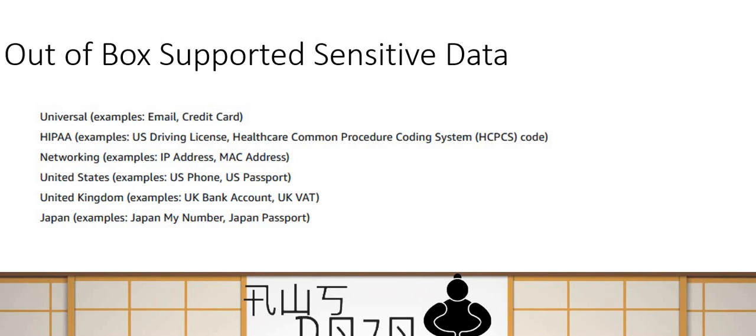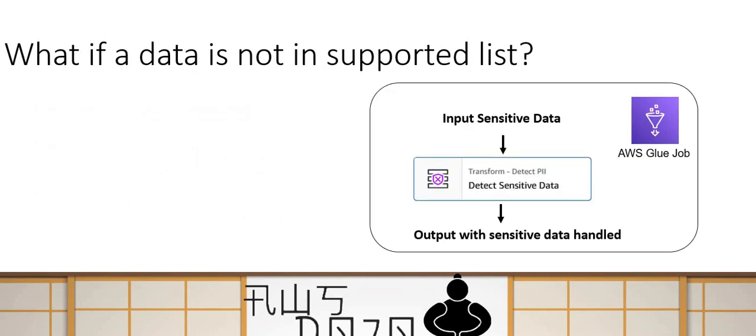It can handle all the universal identifiers, HIPAA identifiers, your network identifiers like MAC addresses and IP addresses, United States passport and phone numbers, UK bank account numbers, VAT numbers and other identifiers, and also Japan, Japanese social security number and passport. So these are the identifiers which it can identify, detect, and handle out-of-box. And that brings us to today's problem.